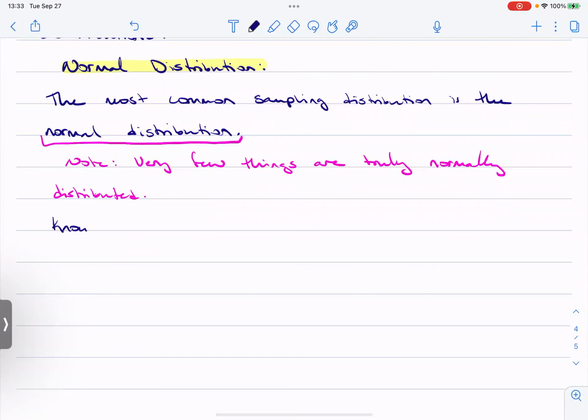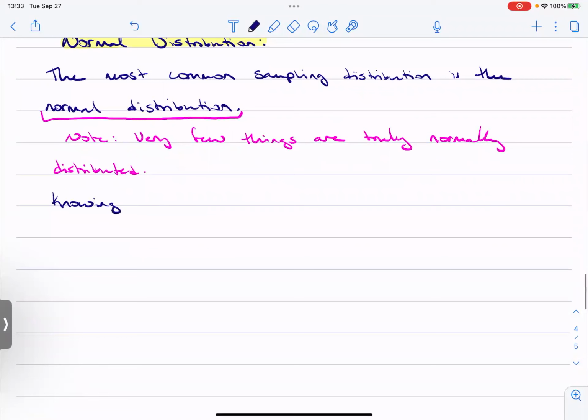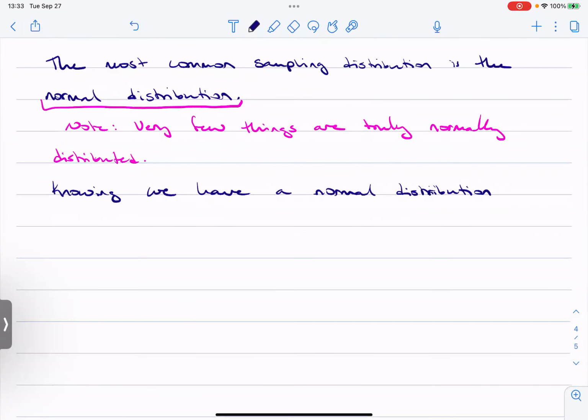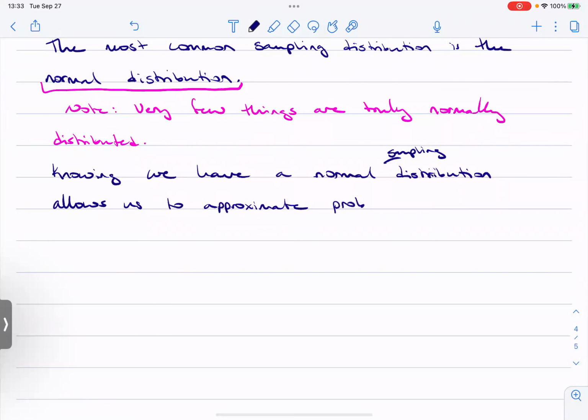So knowing we have a normal sampling distribution allows us to approximate probabilities.